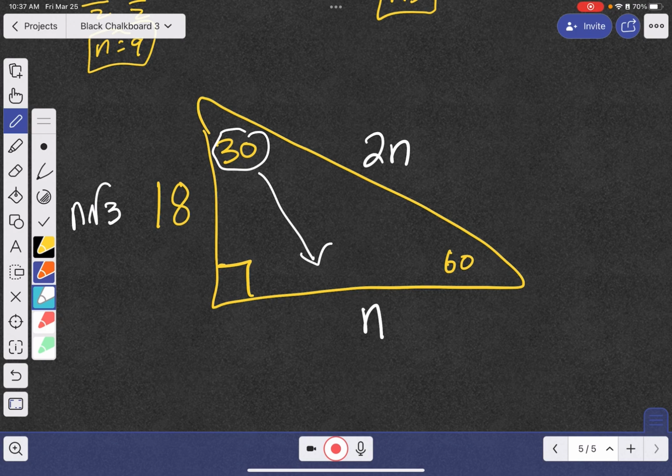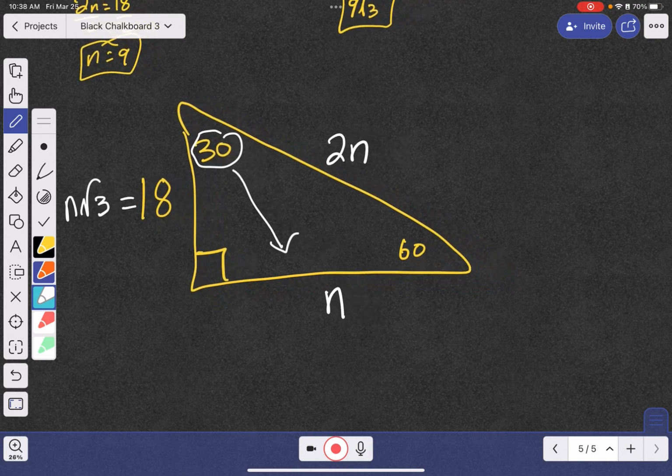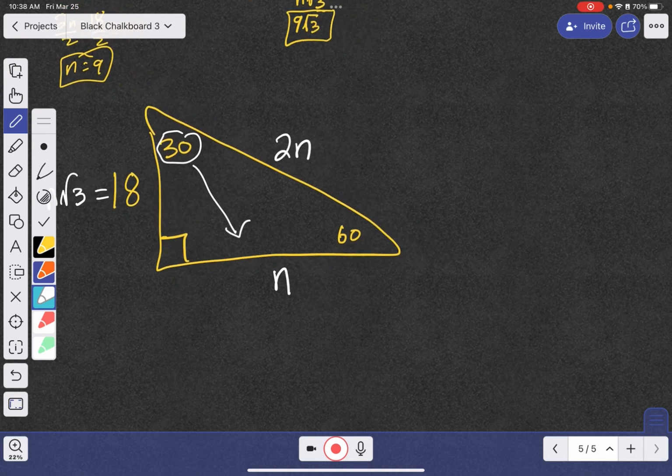My number is 18, so I'm going to set those two things equal to each other. So I've got n times the square root of 3 equals 18. So off on the side, n times the square root of 3 equals 18. I have to solve for n. So divide by the square root of 3, just like we did when we divided by the square root of 2, but now it's the square root of 3.